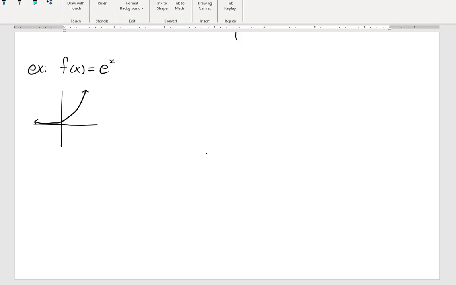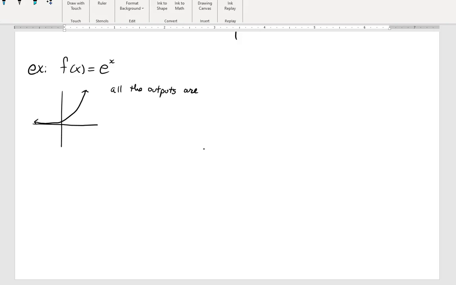All right, if we graph the function f of x equals e to the x, what do all the y values look like? Negative numbers, right?